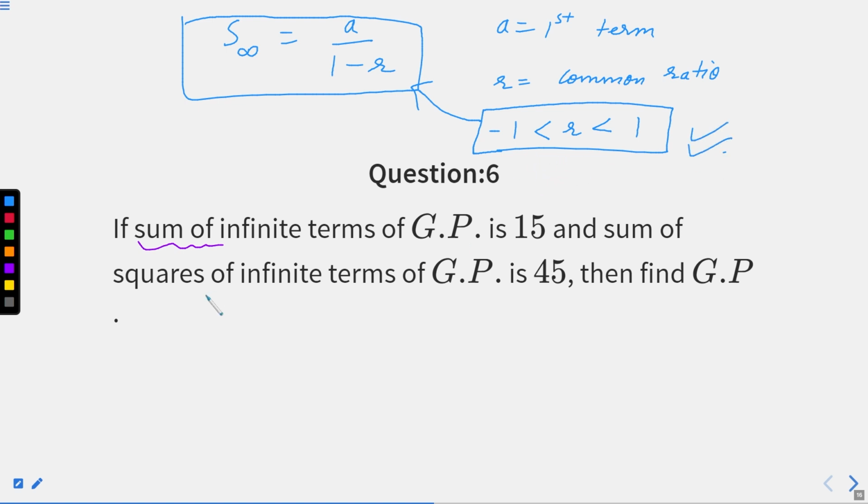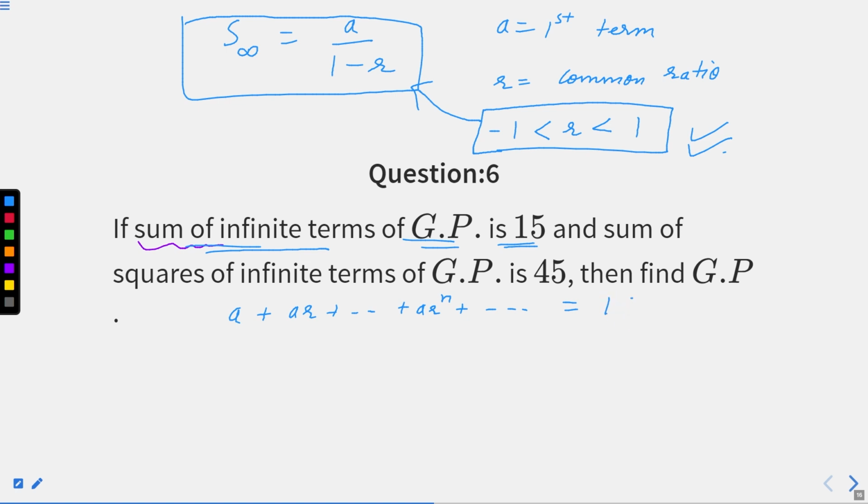Okay, now let's see what is given. The sum of infinite terms of a GP is 15. Let's say A plus AR plus up to A R power n plus and so on is equal to 15.